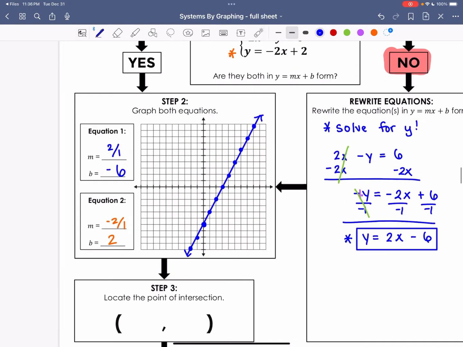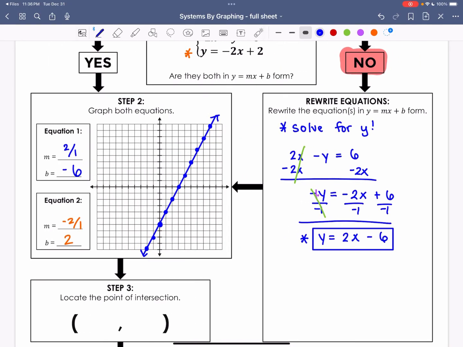And then going to the next line, we are going to start 2 up on the y-axis. And then this time our slope is negative, so we are going to fall down 2, but still run forward, right? By default, if our slope is positive, we go up and forward. If our slope is negative, we will go down and forward. So down 2, forward 1.